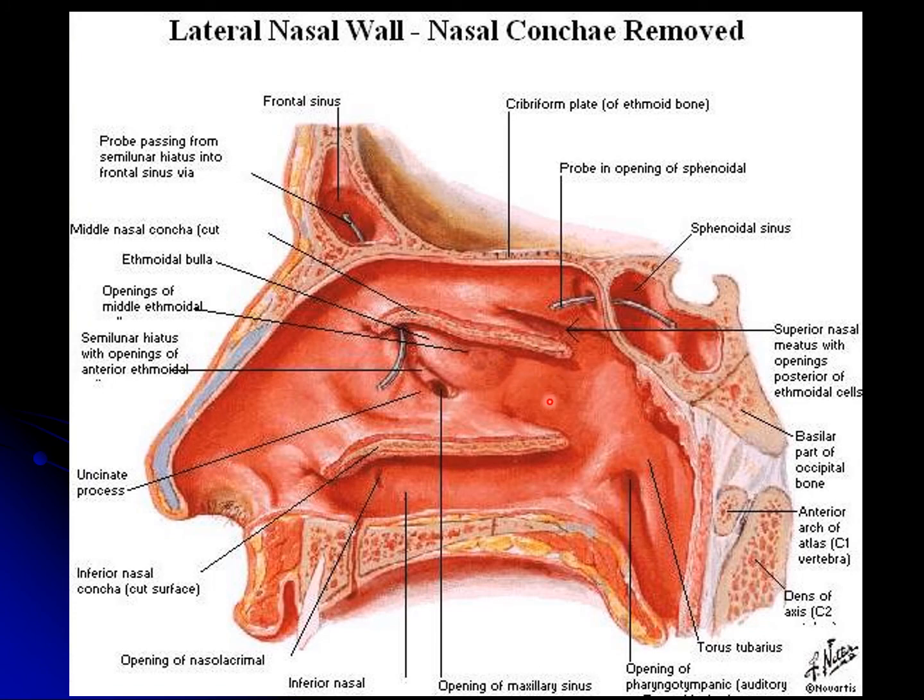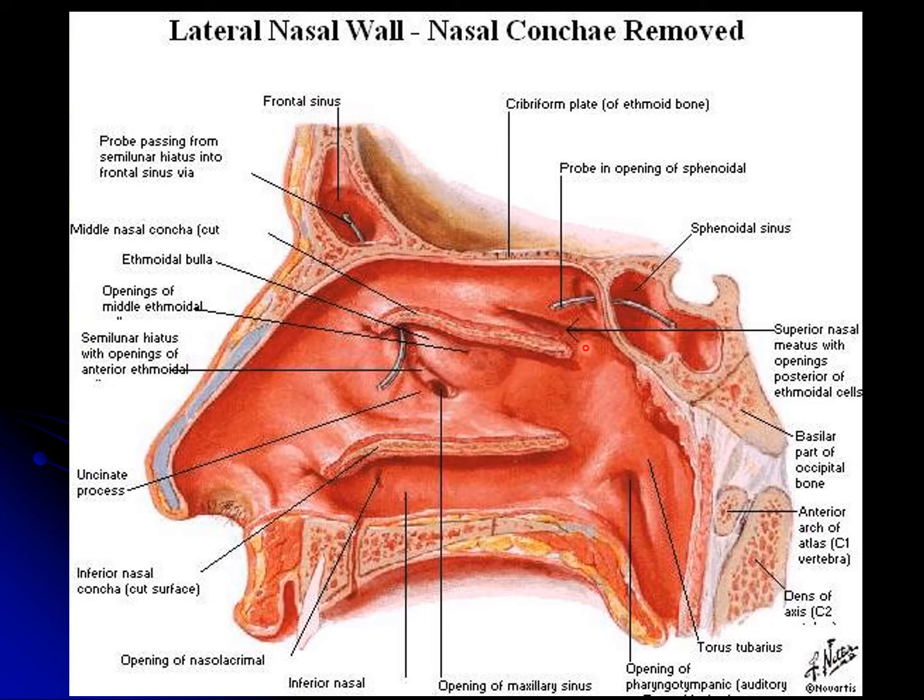And here we can appreciate that the probes are passing to clearly show the openings of the sinuses. For the sphenoidal air sinus we have the sphenoethmoidal recess. The frontal sinus opens into the upper part of the hiatus semilunaris through the frontonasal duct, along with anterior ethmoidal cells. At the bulla ethmoidalis we have middle ethmoidal cells.